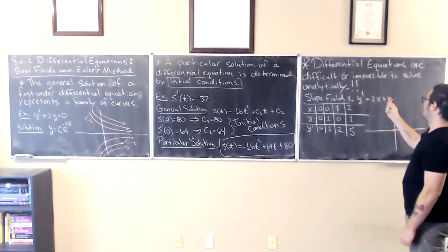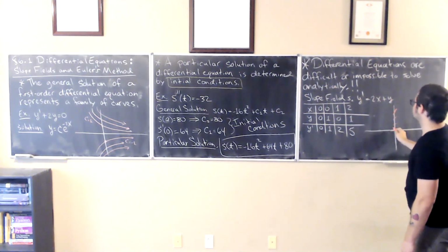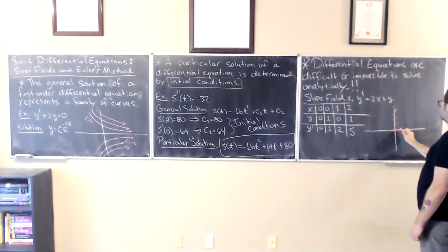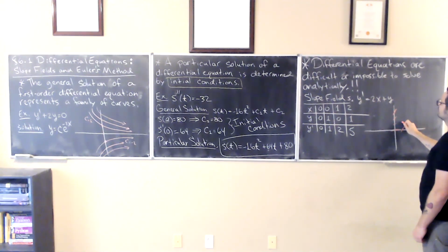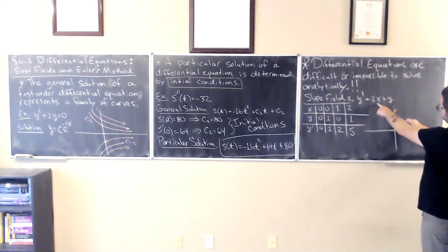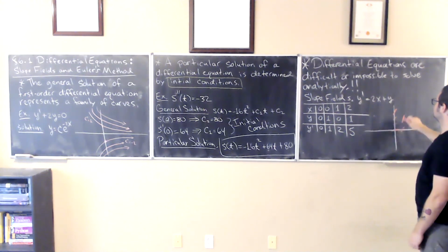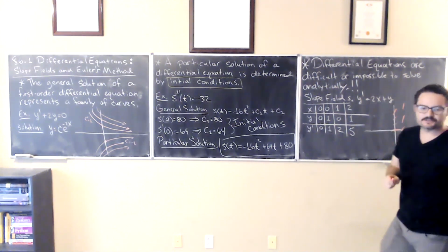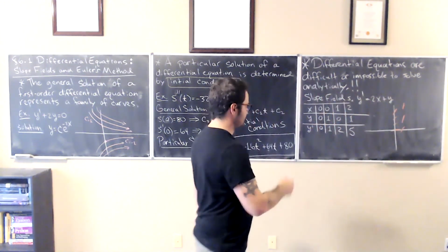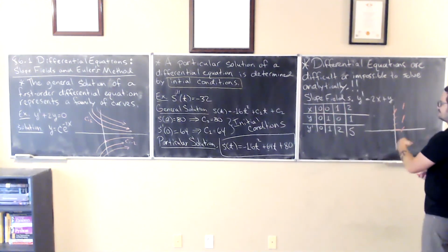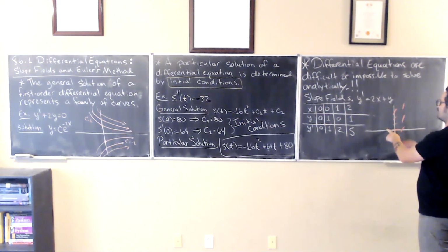We're at 1, 0, the slope is 2. At 1, 2, the slope is 3. When we're at 1, 3, the slope is 5. And if we start connecting all of these together, let me do it over here. When x is -1 and y is 0, the slope is -2.